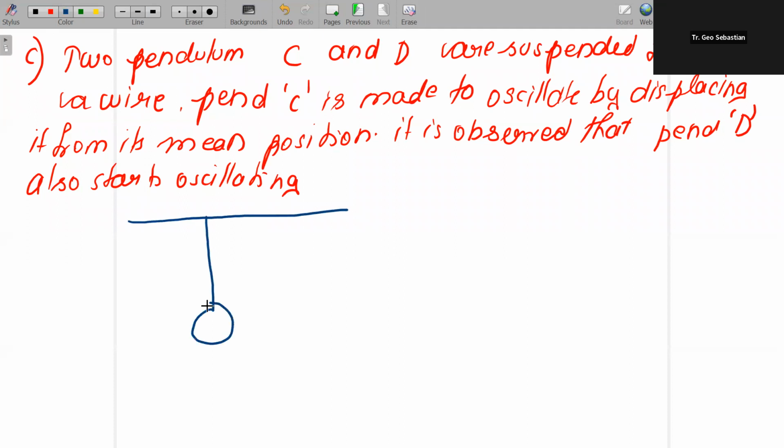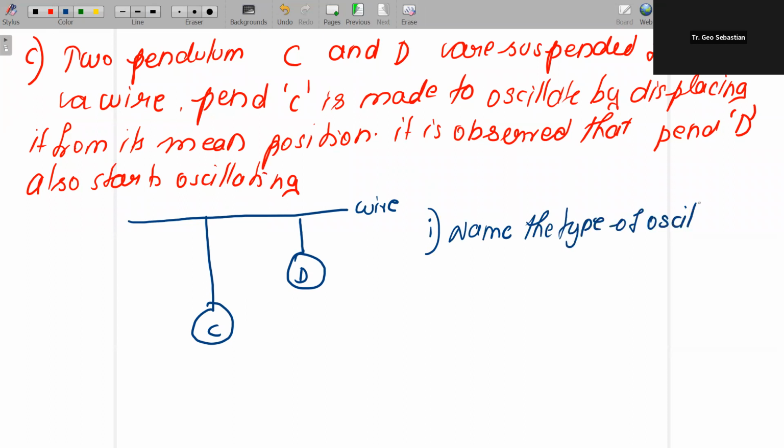Now the diagram is given like this. This is your first diagram, pendulum C. This next one is diagram D, and this is your wire. First question: name the type of oscillation C will execute.